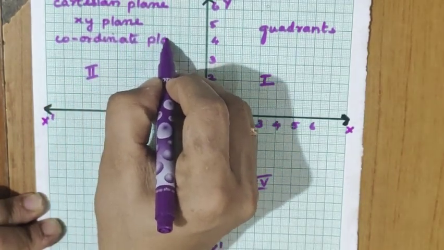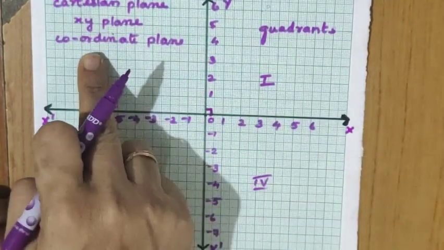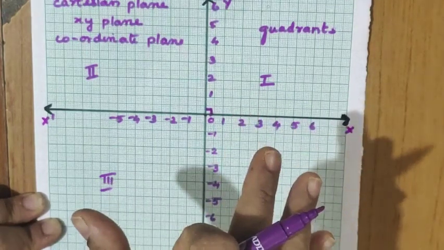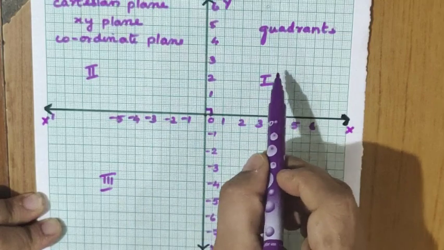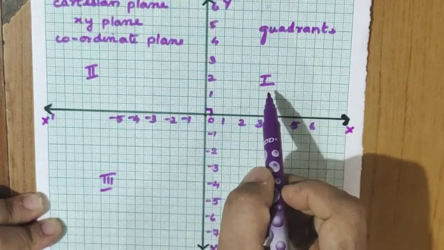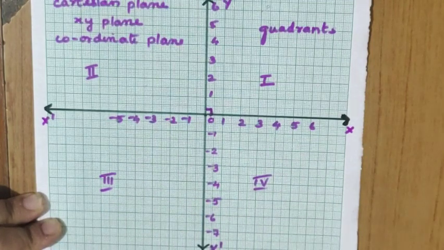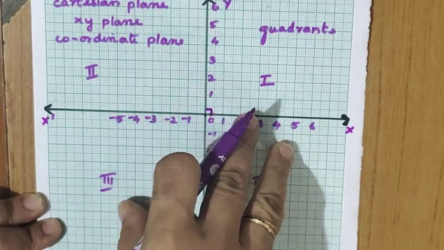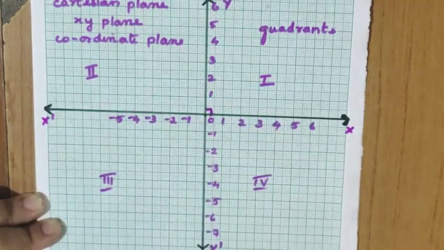Coordinate plane, because x and y are coordinates to each other. So what is the first point we learned? That the x-axis and y-axis divide the plane into 4 parts. Each part is called a quadrant, namely in anti-clockwise direction, first quadrant, second quadrant, third quadrant, and fourth quadrant, right? Now the plane is called a Cartesian plane, a coordinate plane and also xy plane.